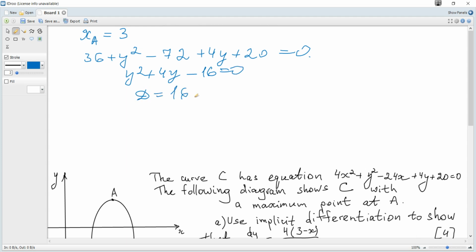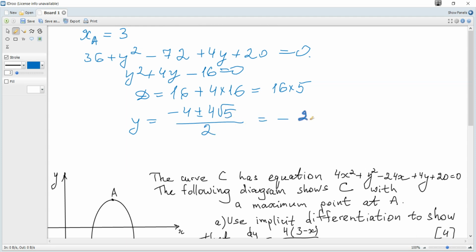Discriminant b squared, 16, minus 4ac, so finally it's 16 times 5, and y is minus b plus or minus root of d, so it's 4 times root of 5 over 2a, so it's negative 2 plus or minus 2 times root of 5.